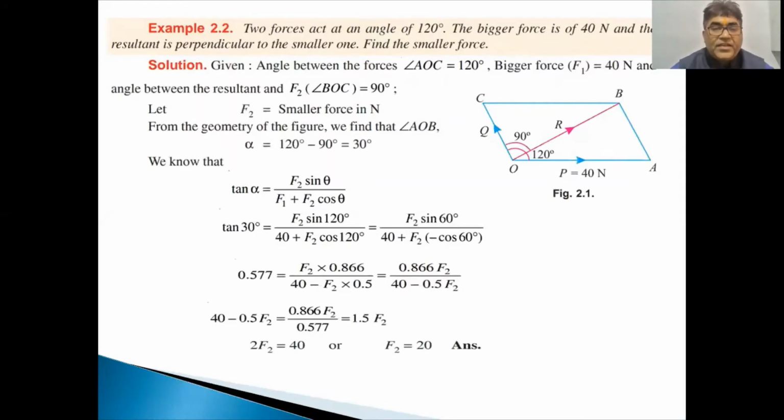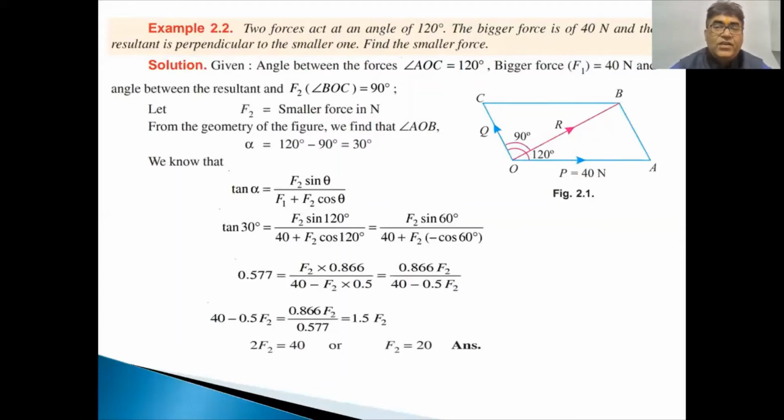Here alpha is equal to 30 degree, F2 we have to find, and the value of F1, that is the bigger force, is 40 Newton. Applying the values in the formula, we get tan 30 degree is equal to F2 sin 120 degree upon 40 plus F2 cos 120 degree.